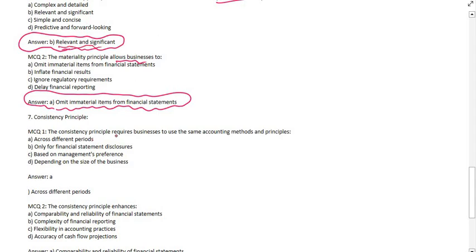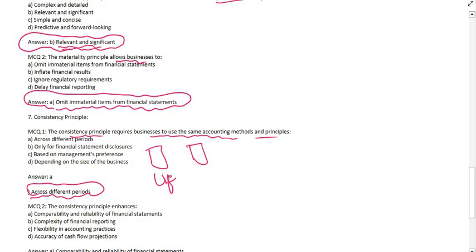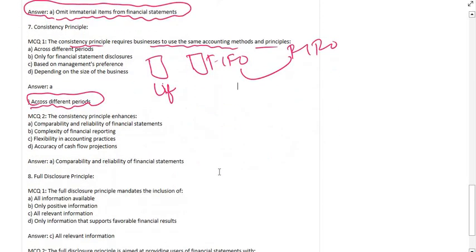Now the consistency principle requires a business to use the same accounting methods and principles across different accounting periods. For example, if you use the first in, first out method of inventory valuation, you should use it in the two different accounting periods, so it will be easy for comparability.